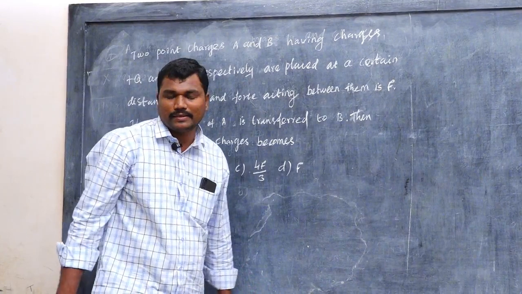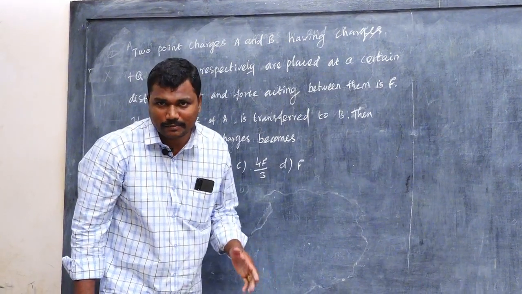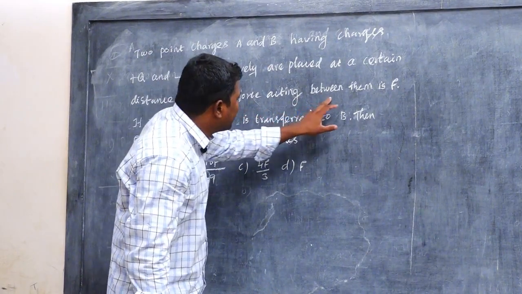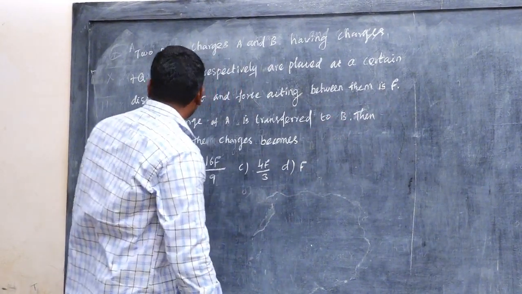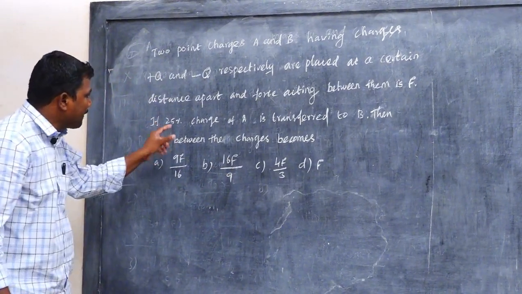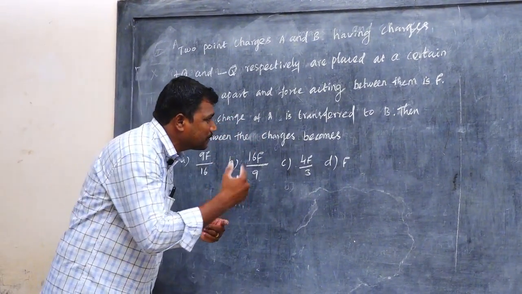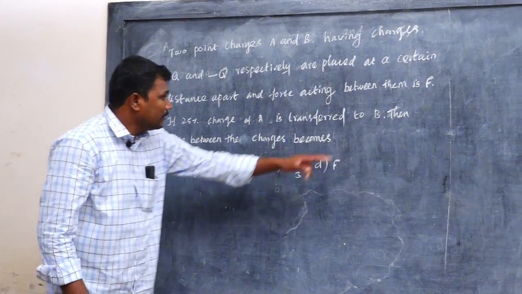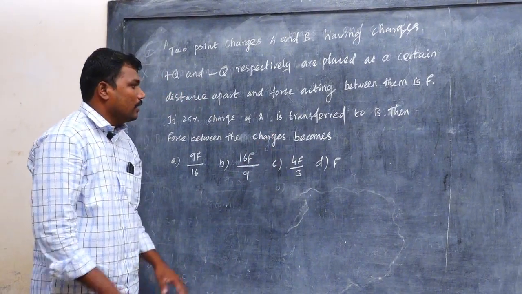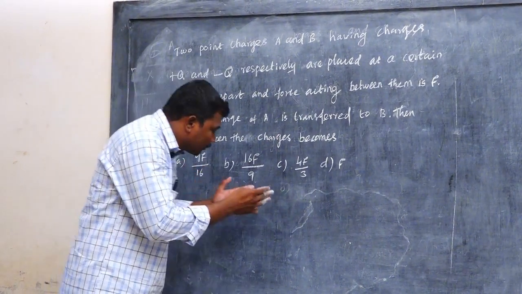Some students take R, some take D, no problem. The force acting between them is F. If 25% of charge A is transferred to B, then what does the force between the charges become? Which option is suitable?